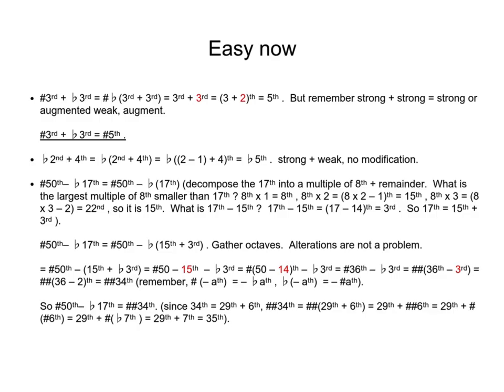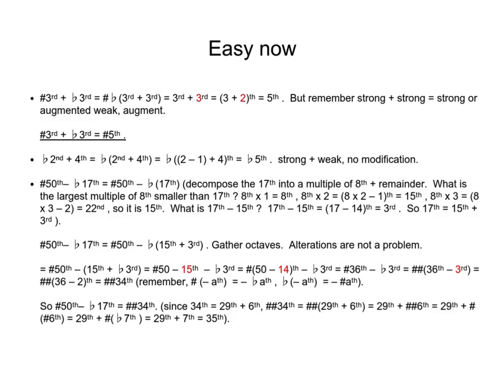Now for the last one, which is an augmented 50th minus a diminished 17th. So now we decompose the 17th into a multiple of an octave plus a remainder. We already know that the 50th is a multiple of an octave, because 49 is divisible by 7.